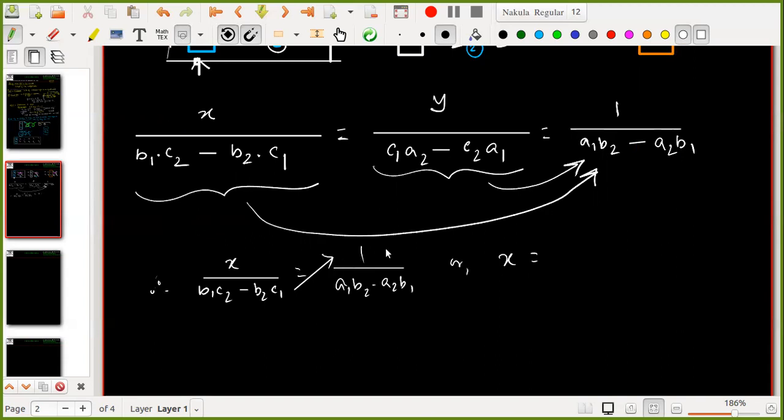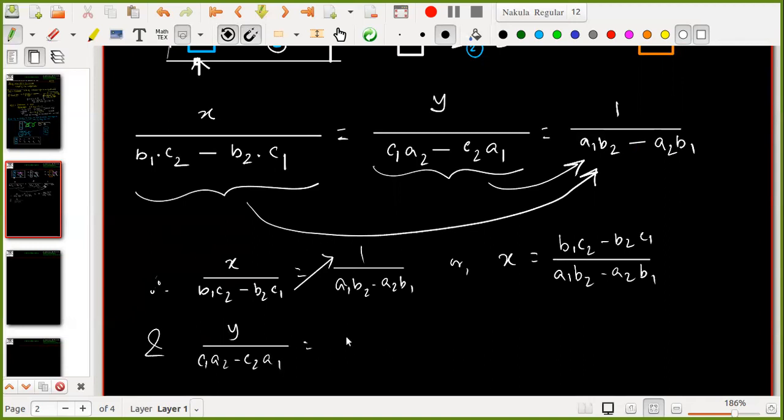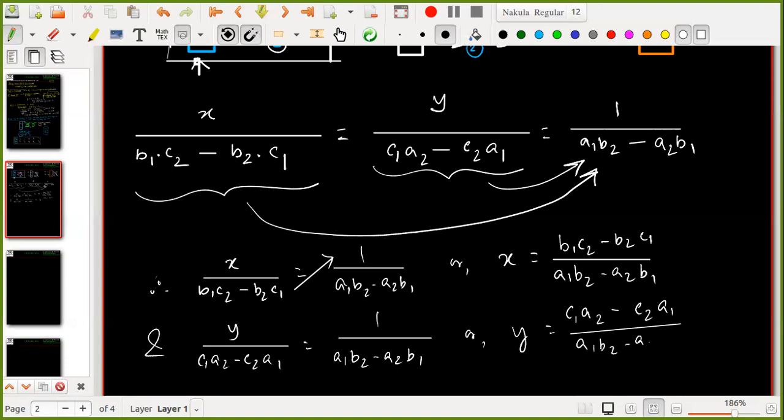So this is like a by b equal to c by d form. So if you want to interchange the positions, x equals, now it becomes b1 c2 minus b2 c1 by a1 b2 minus a2 b1, and y by c1 a2 minus c2 a1 is equal to 1 by a1 b2 minus a2 b1, or y is equal to, if you do the same kind of cross multiplication, c1 a2 minus c2 a1 by a1 b2 minus a2 b1.